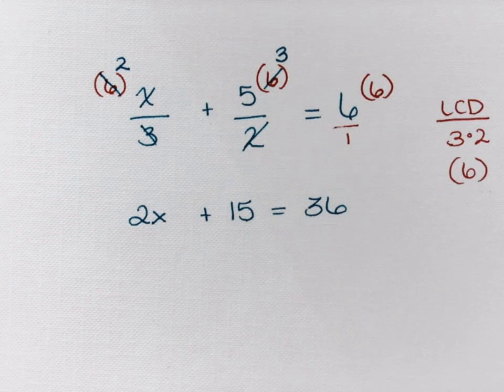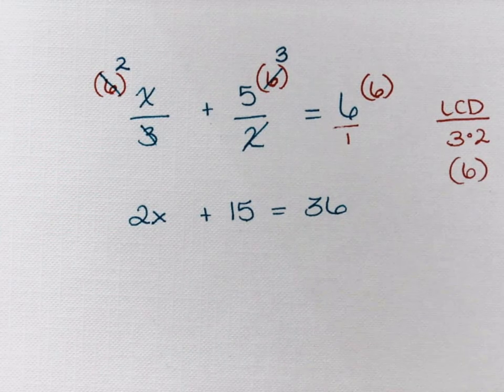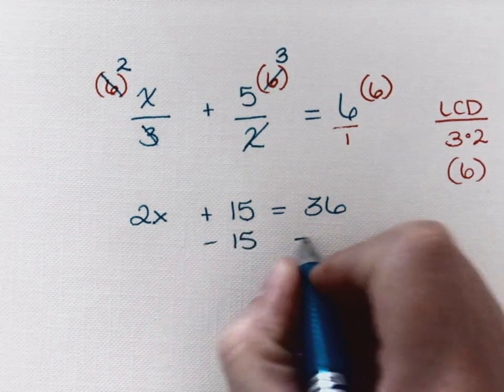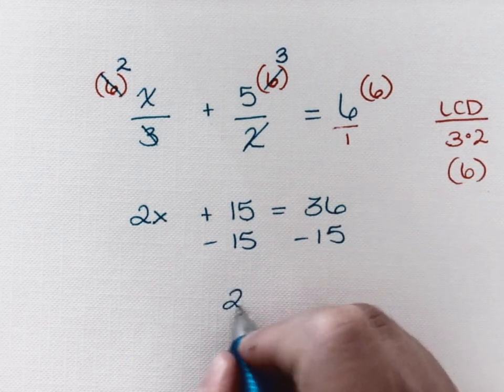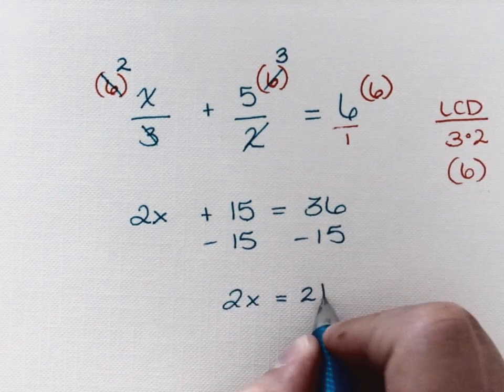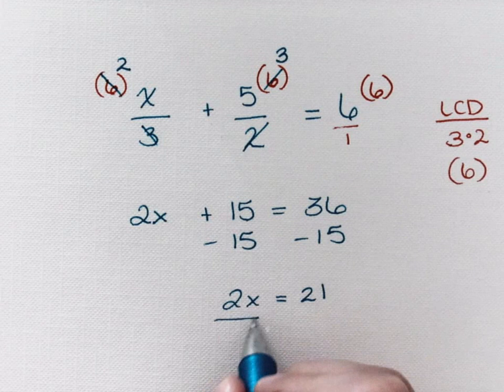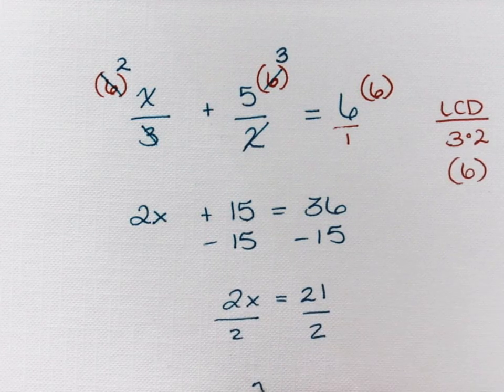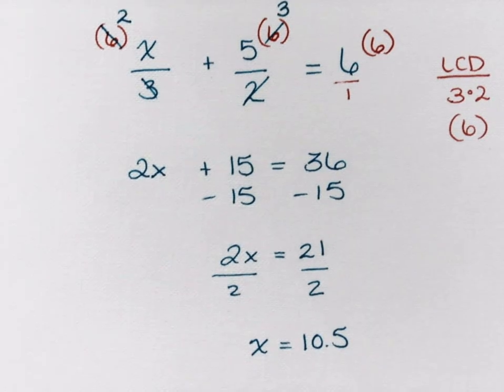And then this is just two-step algebra at this point, nice and easy. I'm going to minus 15 from both sides. And so I'm going to have 2x equals 21. And so divide by 2, x is equal to 10.5.